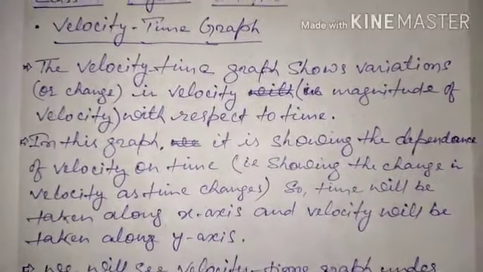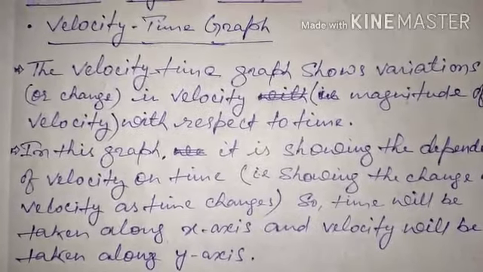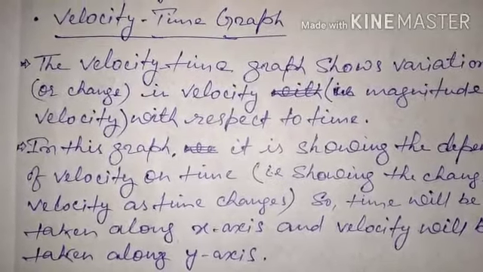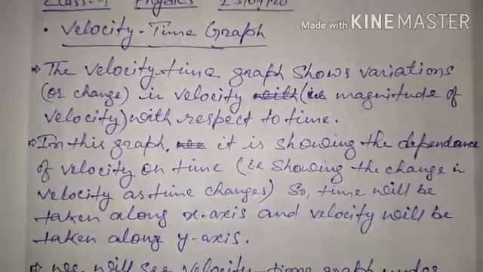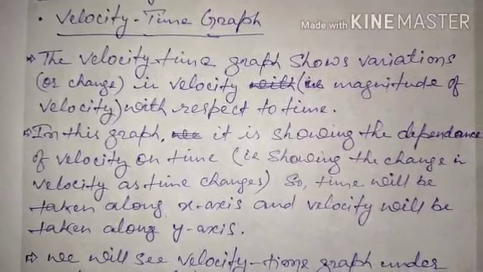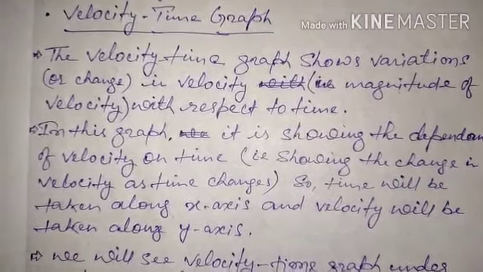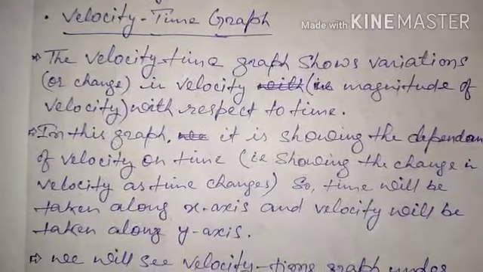Before starting, I just want to make one thing very clear: please don't get confused between displacement time graph and distance time graph, and velocity time graph and speed time graph. As you all know, distance is the magnitude of displacement.